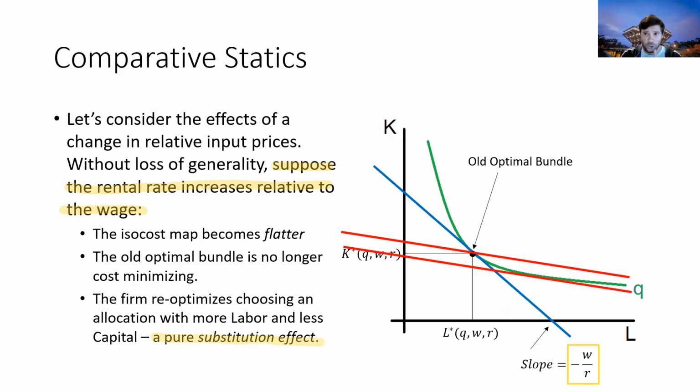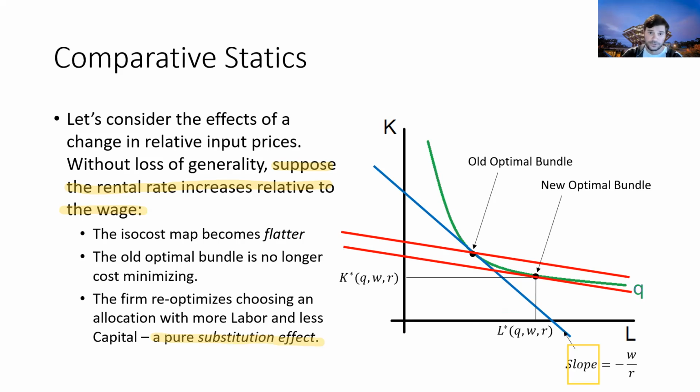With cost minimization, there's only a pure substitution effect, and we can identify the new bundle by just reapplying the tangency condition at the new set of input prices. So we went from the old bundle, which had relatively more capital and less labor, to the new bundle, which has relatively more labor and less capital after the prices had changed in the way we described.